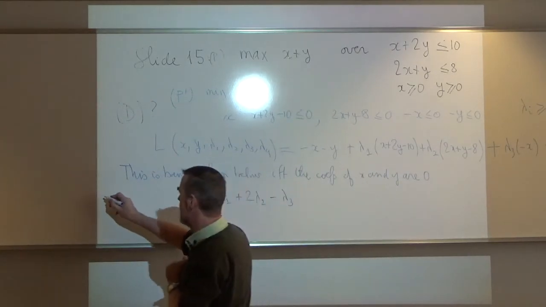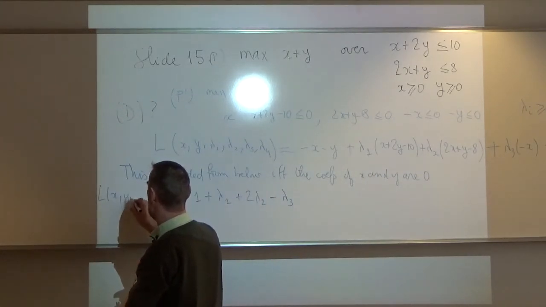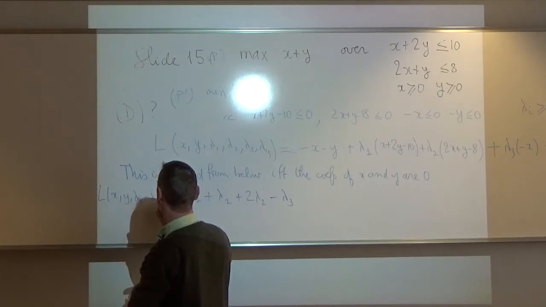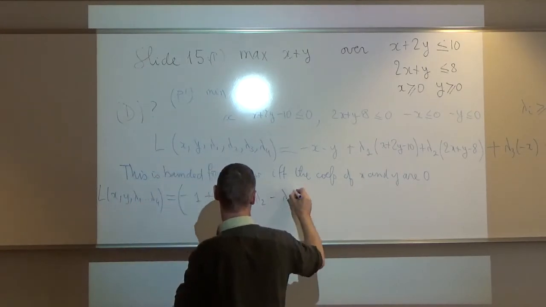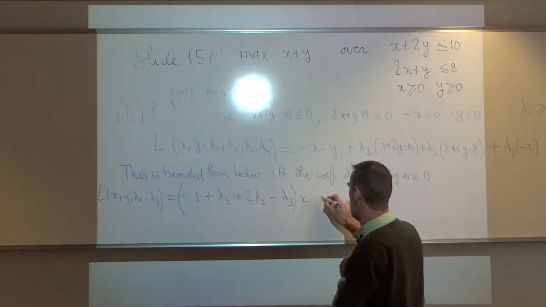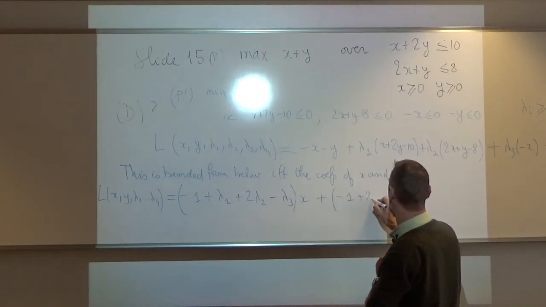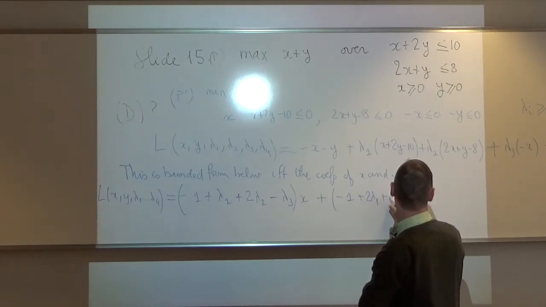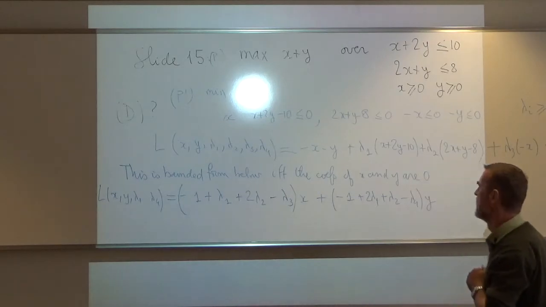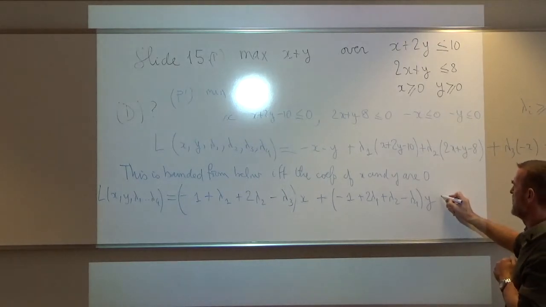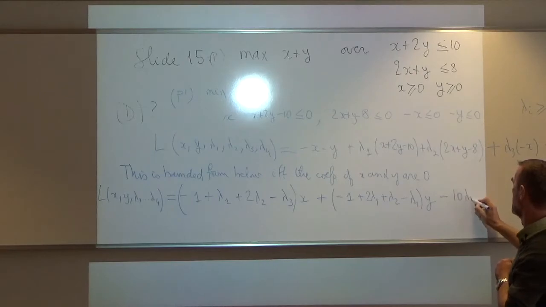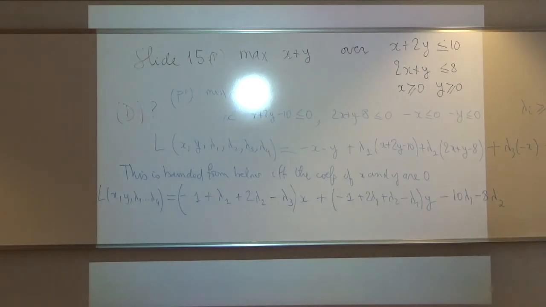In other words, L of x, y, lambda 1, lambda 4 is equal to this times x. The coefficient of y is minus 1 plus 2 lambda 1 plus lambda 2 minus lambda 4, times y. And then the rest is minus 10 lambda 1 minus 8 lambda 2. That's my Lagrangian.